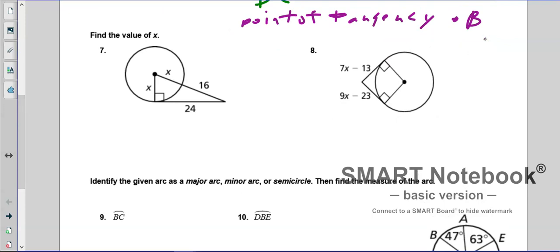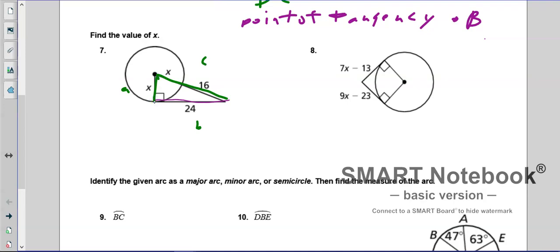So, in this situation, number 7, we have a right angle formed by these two sides. We have the hypotenuse right here. So, we have A, B, and C. A squared plus B squared equals C squared. Well, what's my A?